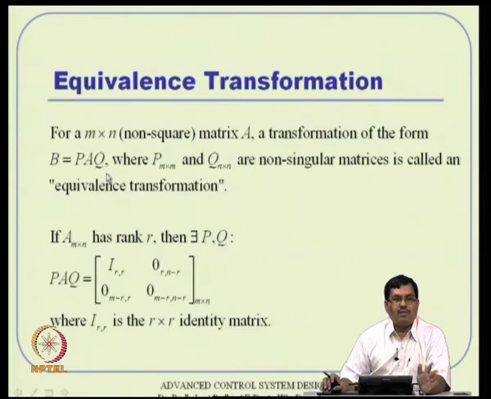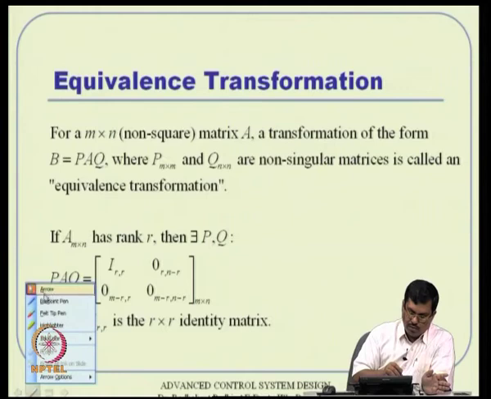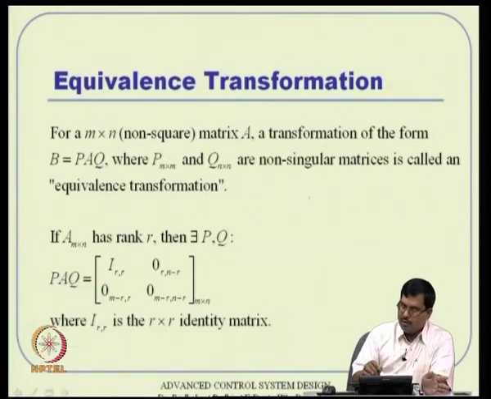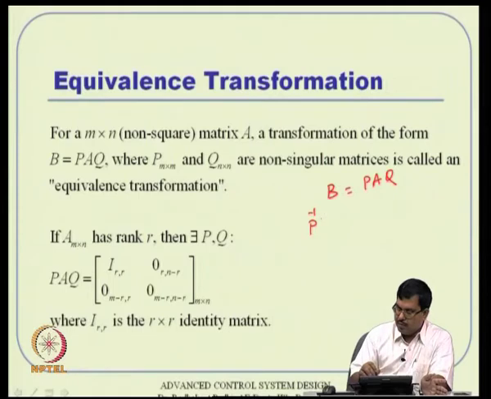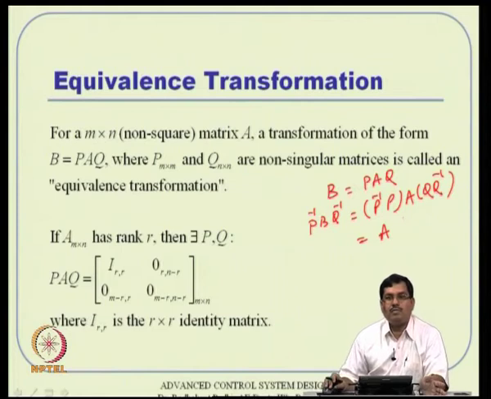Why is that necessary? I want to recover my A matrix from the B matrix also. If I have B equal to P A Q, I will recover it by multiplying P inverse B Q inverse. This will be P inverse P A Q Q inverse, which is I times A times I, that is the A matrix.